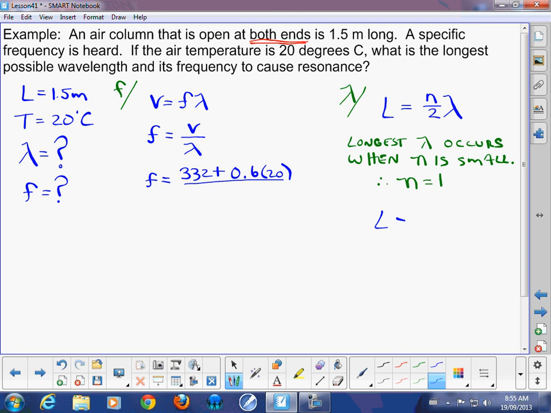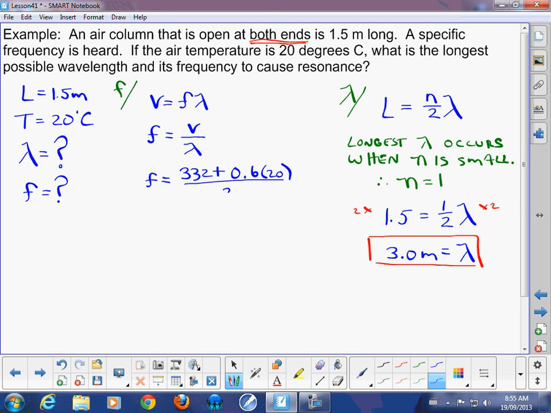So L will equal 1/2 lambda. We know L is 1.5, and n is 1. Multiply both sides by 2 to get rid of the fraction, and we end up with 3.0 meters as our lambda. There is one of the answers we were searching for.